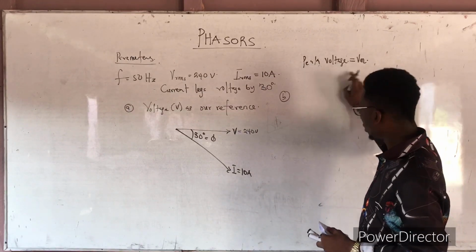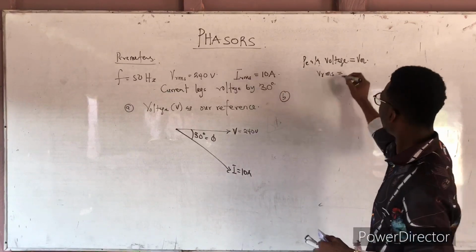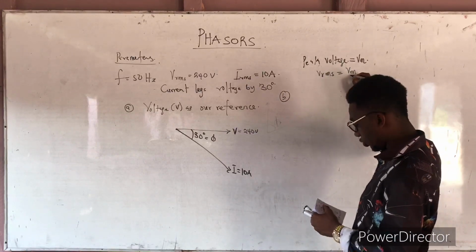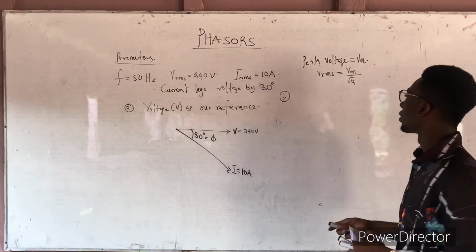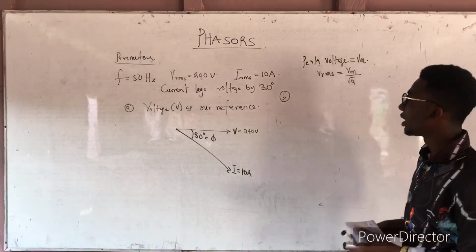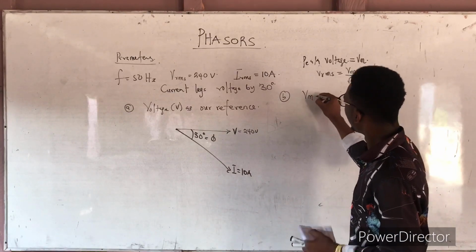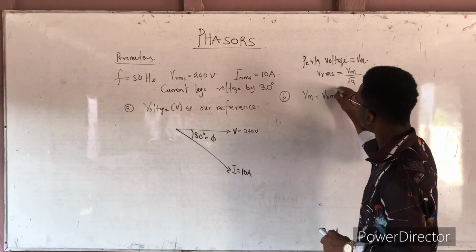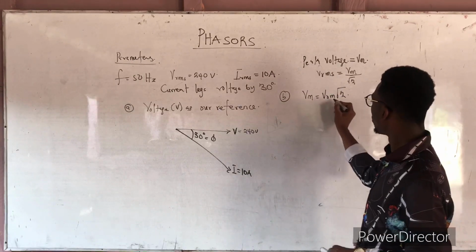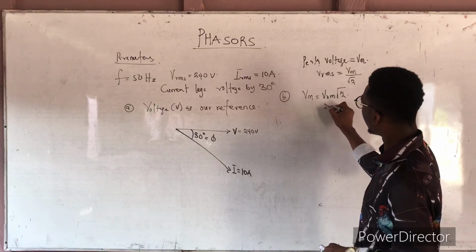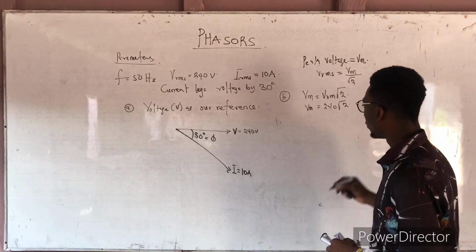From the previous lesson, V RMS is equal to the peak voltage divided by root of 2. So the peak voltage Vm will simply be equal to V RMS times root of 2. Now we know V RMS is 240 volts, so 240 root of 2 will be our peak voltage.